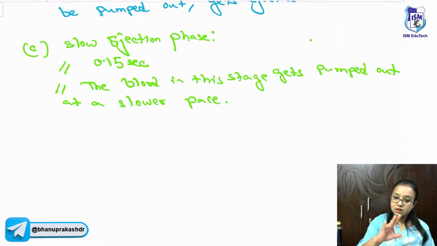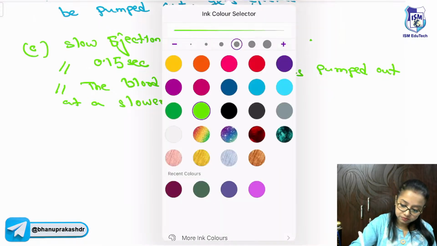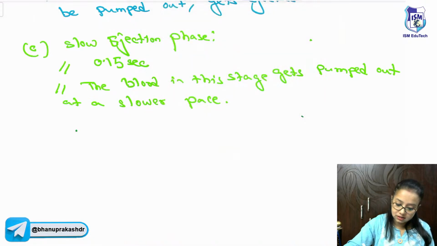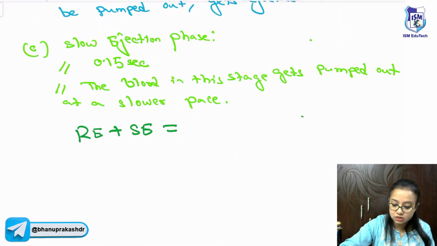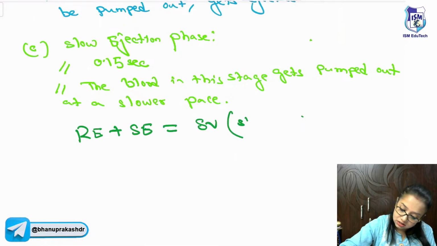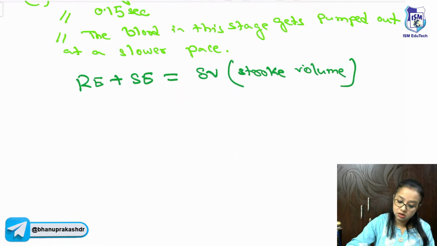Now, this rapid phase and the slow phase make the total of the ejection phase. It is the rapid ejection plus the slow ejection, which makes the stroke volume.